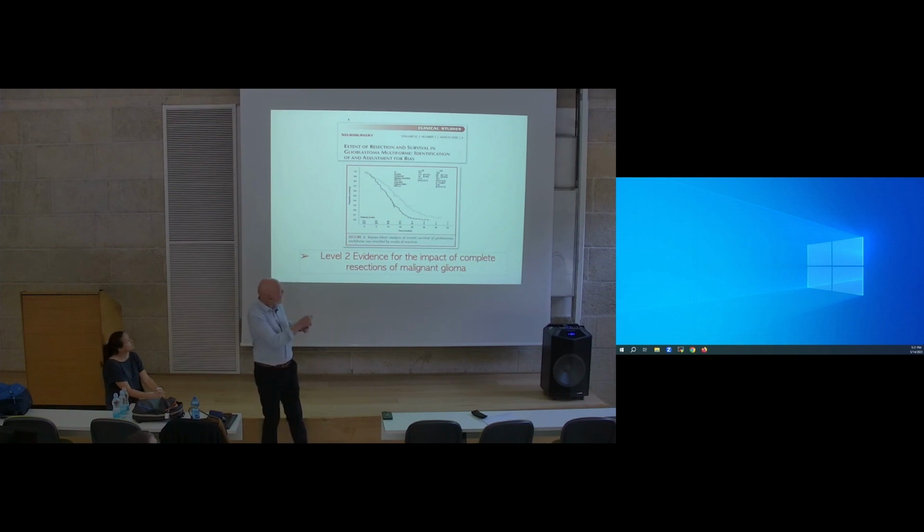So in this group here, you find all the patients who have a gross total resection. That is not a complete resection, but it's a resection where we see no contrast-enhancing residual tumor. Okay? So as these groups differ only by resected or not resected, good resection or no good resection, this is evidence which supports the role of surgery.